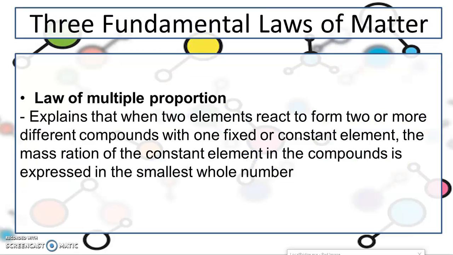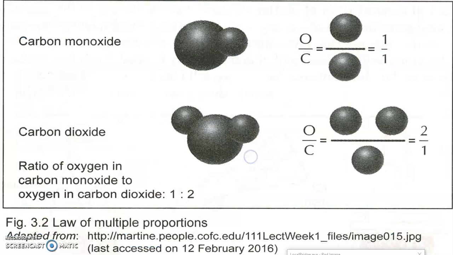So next is the law of multiple proportions. It explains that when two elements react to form two or more different compounds with one fixed or constant element, the mass ratio of the other element in the compounds is expressed in the smallest whole numbers.